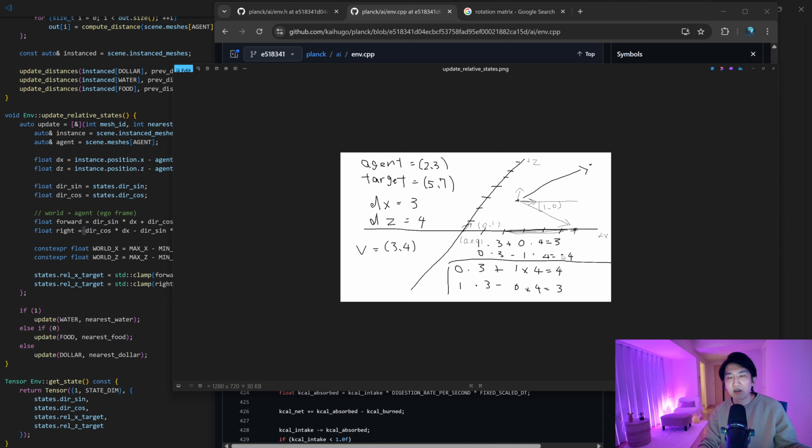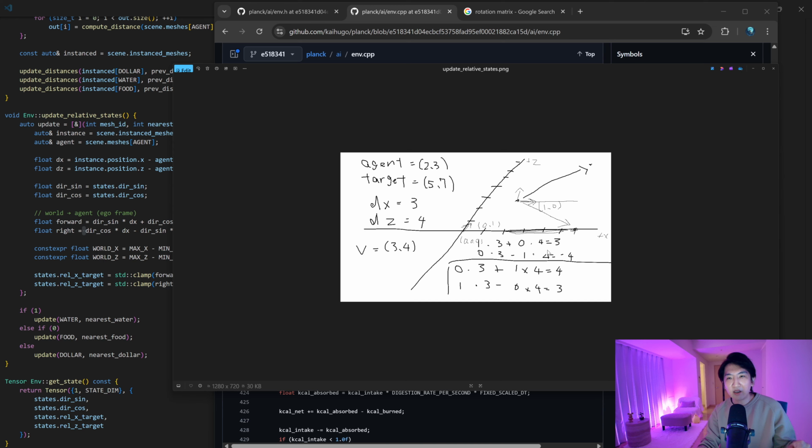And this 3 and negative 4 essentially encodes better than this 3,4, because now these values are relative to the AI, or in the AI's coordinate system, rather than just the pure world coordinate system.